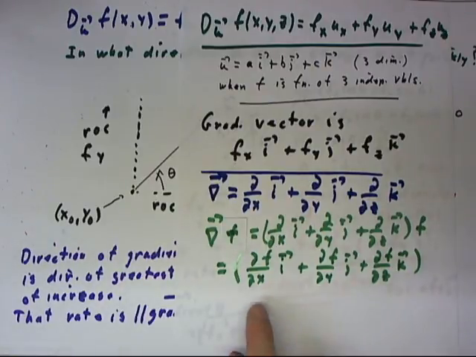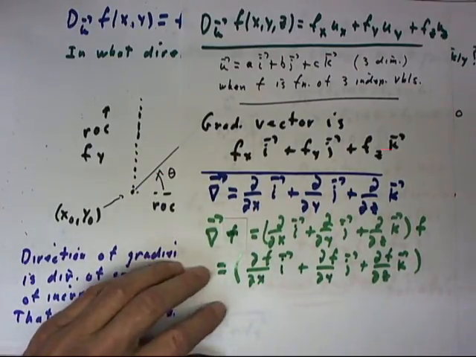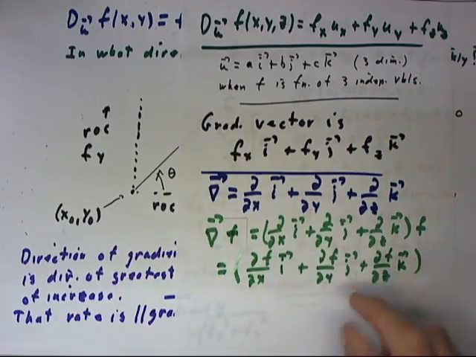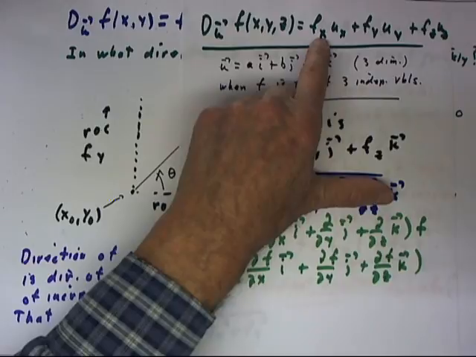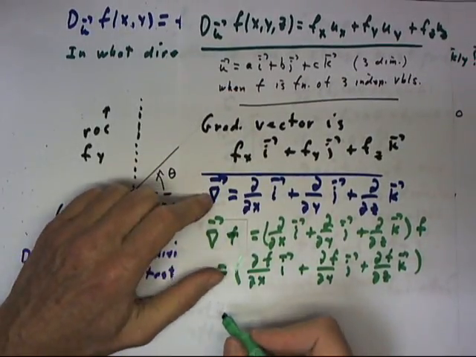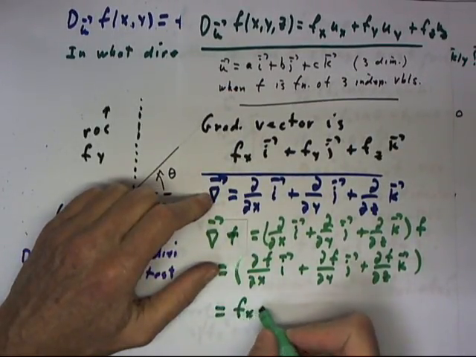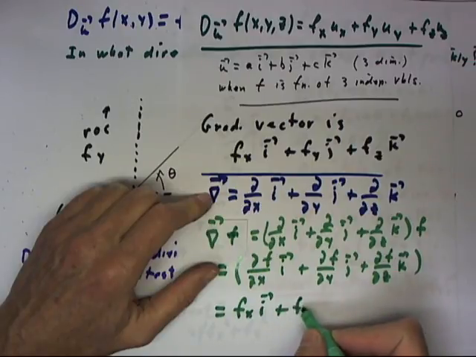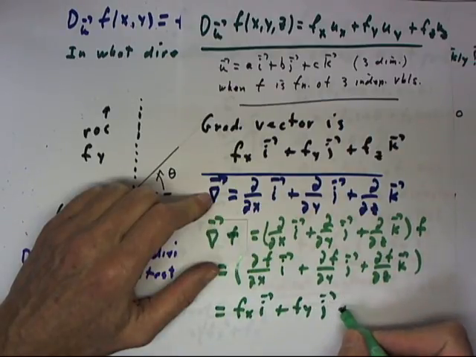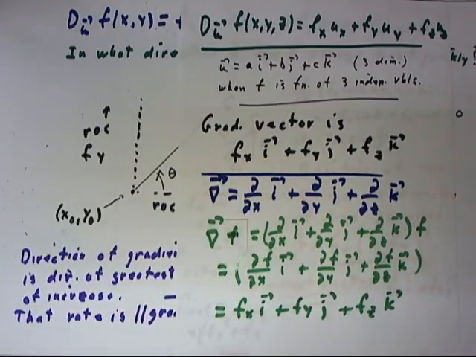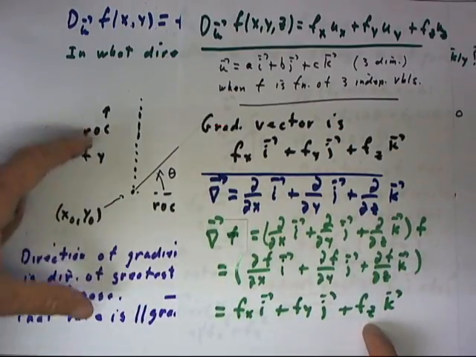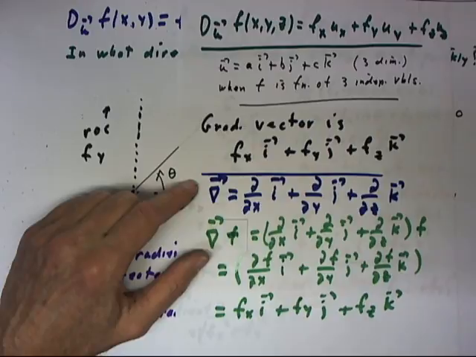This looks right, it feels right, so that's how we define it, especially when we see that this is just the same as what I wrote up here, fxi plus fyj plus fzk, the simple extension of the gradient that we considered in 2 dimensions.